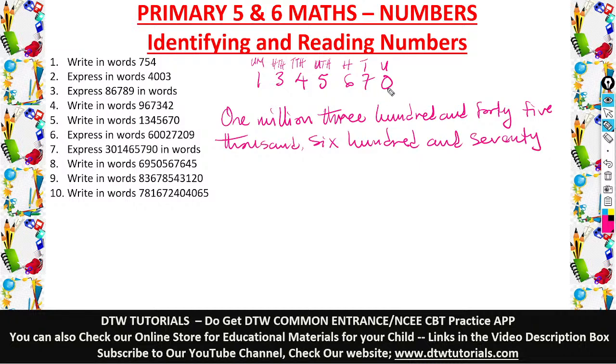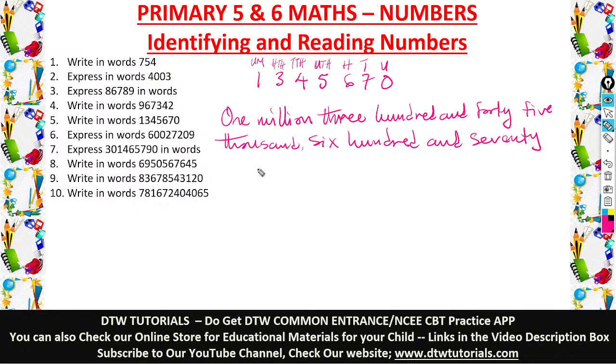Okay, this is 70 because this unit, there's nothing here, so it's going to be 70. So you have this 1,345,670. Okay, so that's how you write this in words.